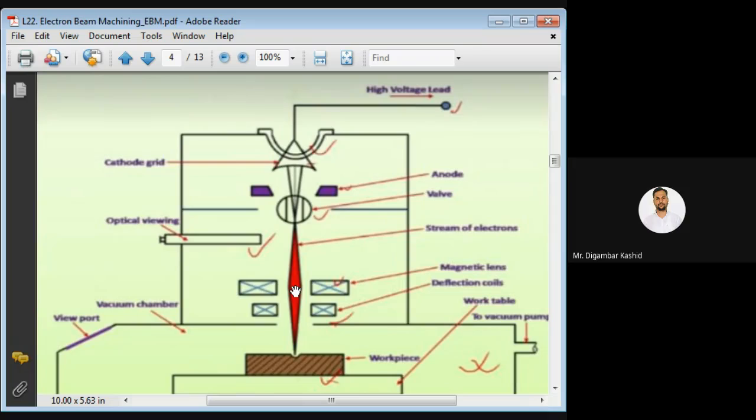It comes out as a small diameter beam, and then it moves toward your workpiece with a very high velocity, and then it bombards. Machining is going on due to the bombardment of these electrons on the very small localized area of your workpiece. As the electron beam is bombarded on a very small localized area, a huge amount of temperature is generated on the surface of your workpiece.